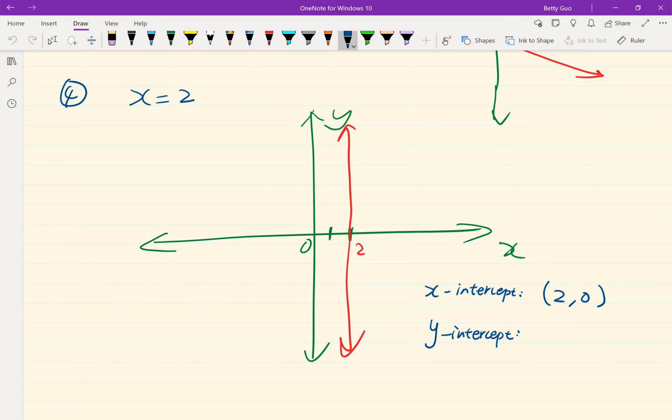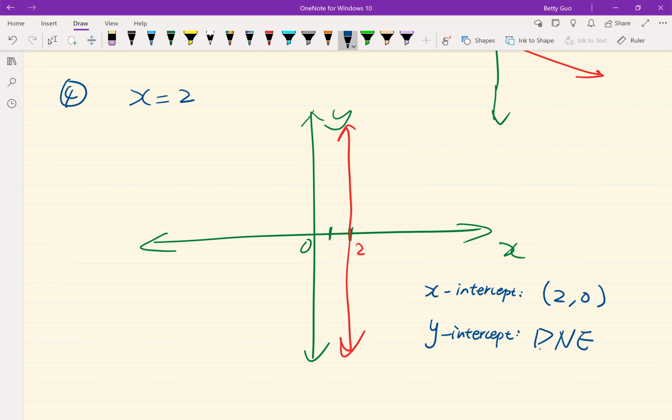Do you see the straight line x equals 2 and the y-axis? Two parallel straight lines never cross, right? So the y-intercept in this case does not exist. DNE, does not exist.